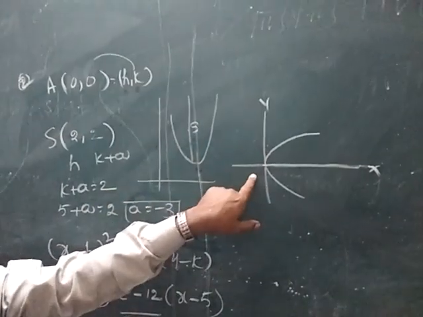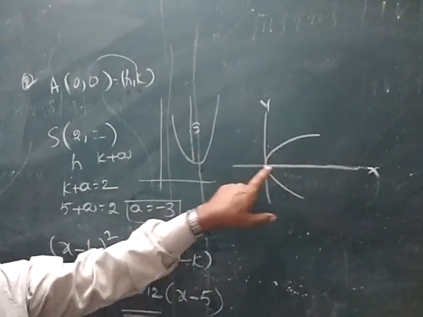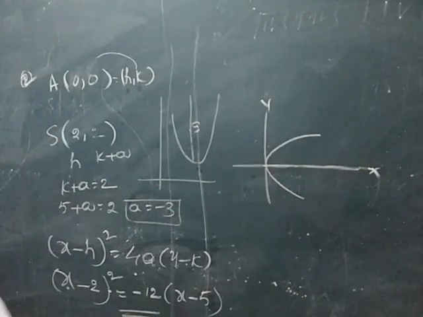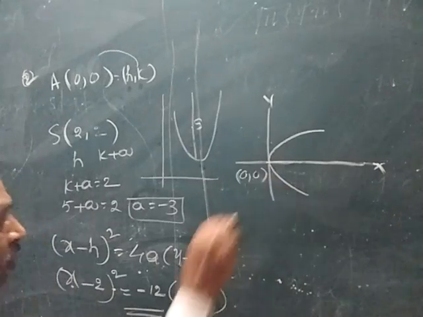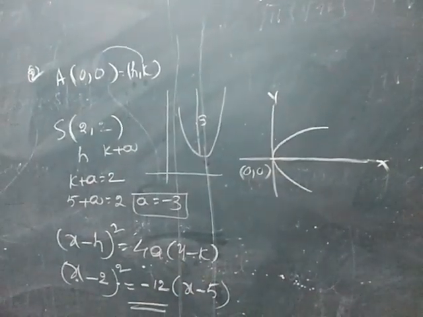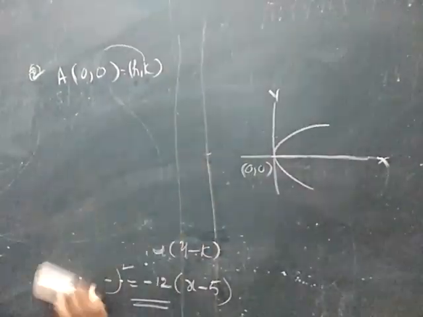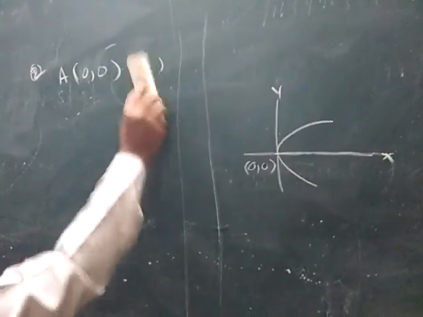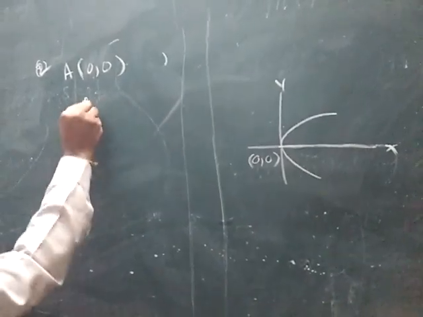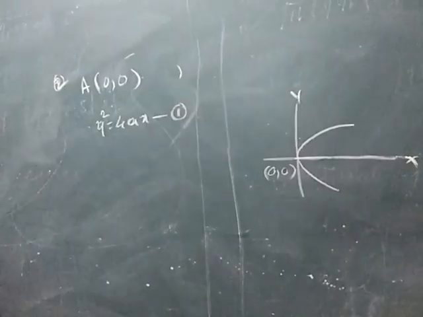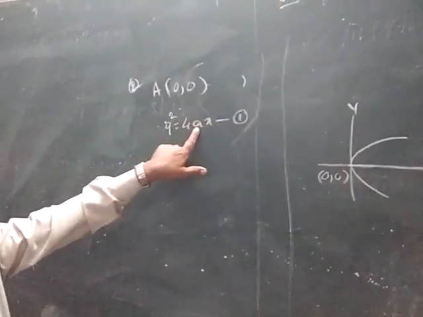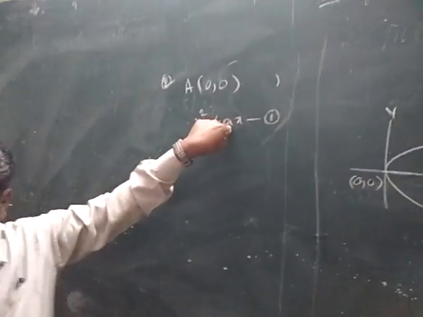In this problem, the axis line is along the x-axis and the vertex is given as (0, 0), so the parabola equation is y² = 4ax, but we don't know the value of a.